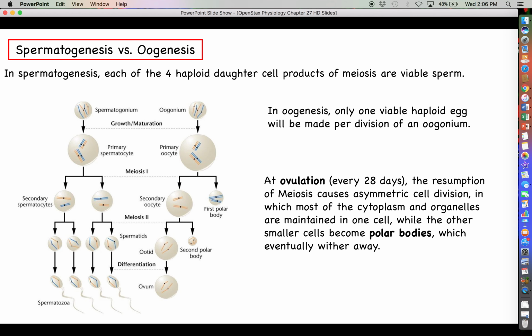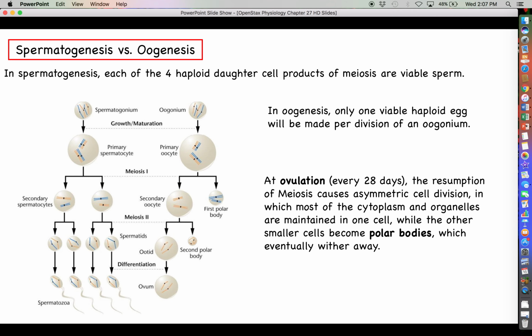So the purpose of this is that because the egg, again, is going to, after fertilization, basically house the development of a whole new organism, a whole new human, you want that one egg to have as many resources as possible so that we can nurture and ensure the maturation and healthy development of the soon-to-be formed human child.